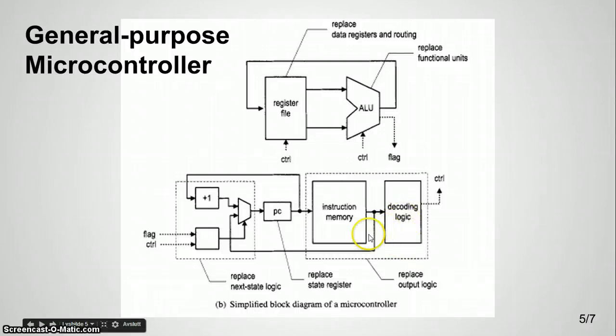The state register is replaced by the program counter, which then represents the current state of the control path. A sophisticated output logic circuit is created by implementing an instruction memory and a decoding logic. The output patterns created by the state logic and its effect on the output signals are encoded into instructions and stored in a memory module.